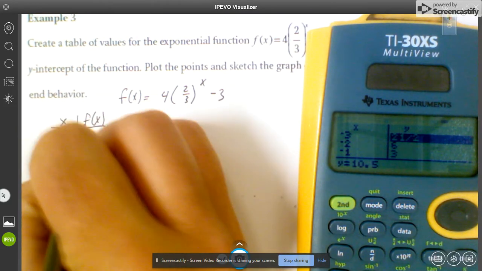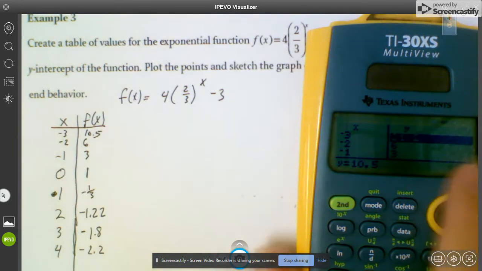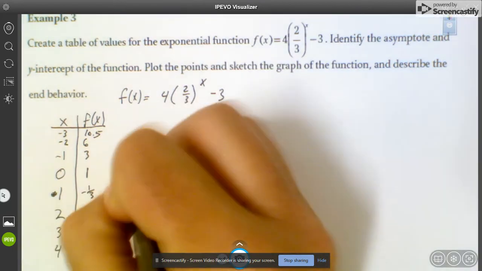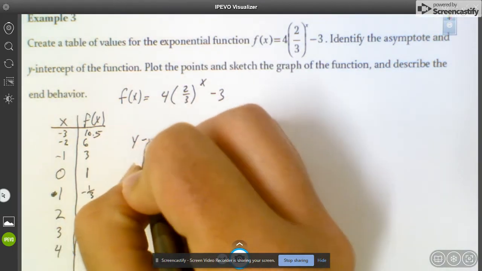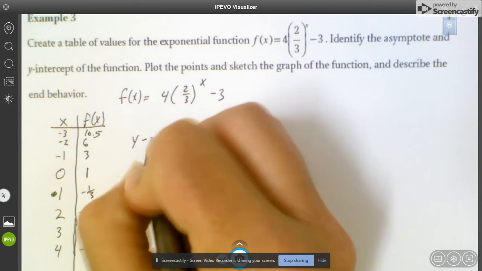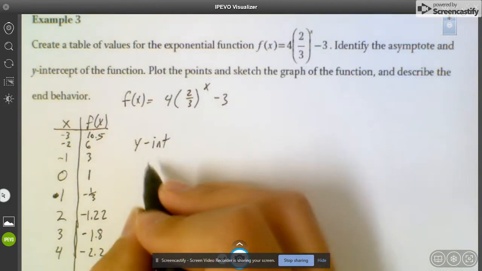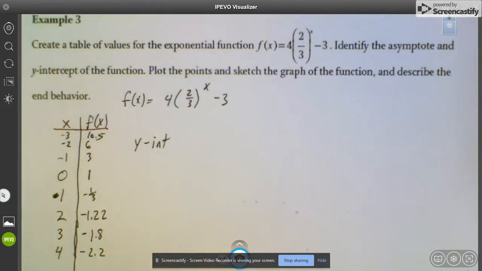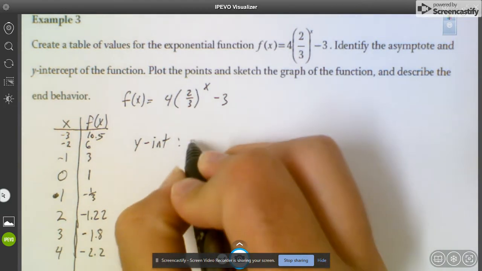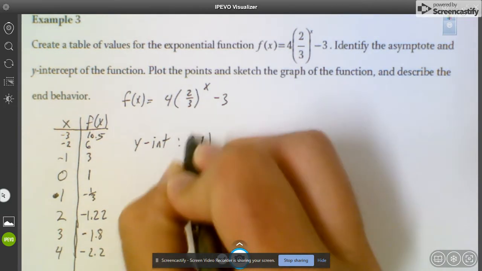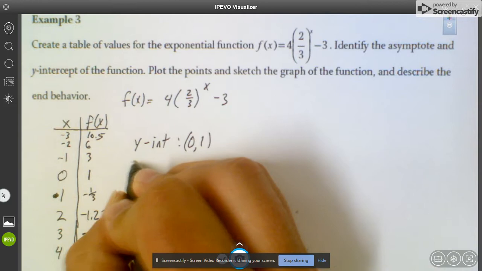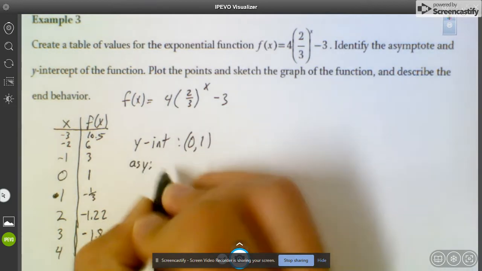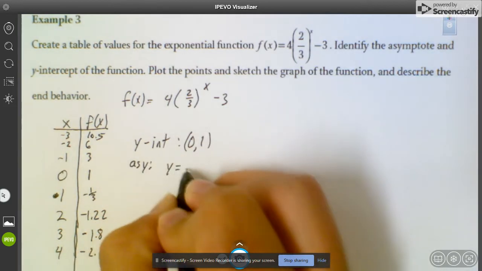All right, so the y-intercept would be 0, 1. My asymptote is y equals -3.